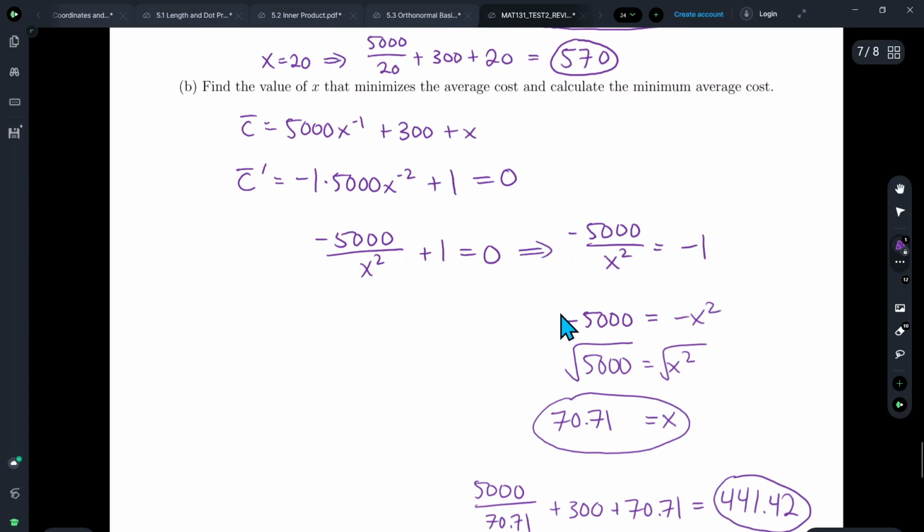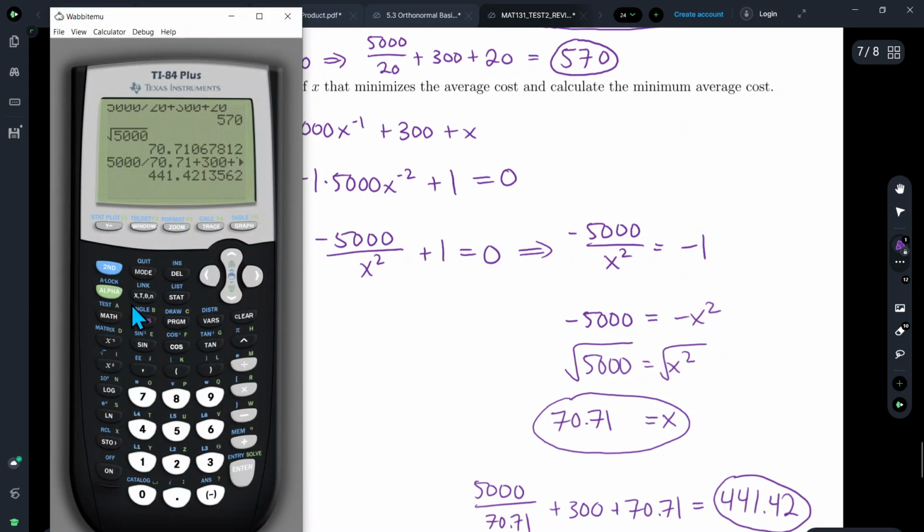Okay, so as usual, when we're trying to find the maximum or minimum of something, we can verify our calculation, right? So what is the function we're minimizing? So this function here, right? So 5,000 x to the minus 1 power plus 300 plus x.